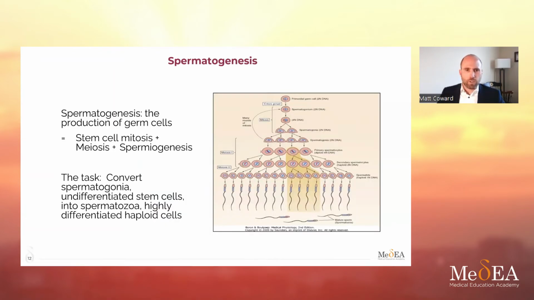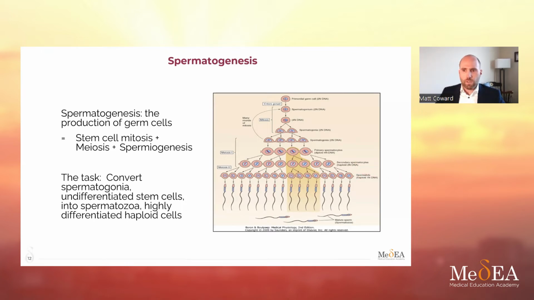Spermatogenesis is the production of germ cells. This involves both mitosis and meiosis. The mitotic divisions of the spermatogonia from the 2N spermatogonia to the spermatocytes is seen here. And then the meiotic divisions of spermatocytes to haploid spermatids are seen here.